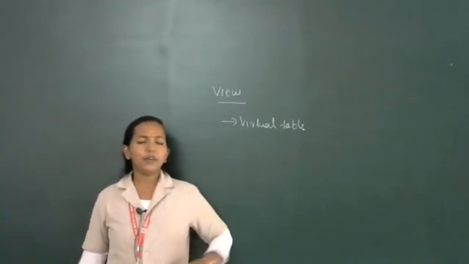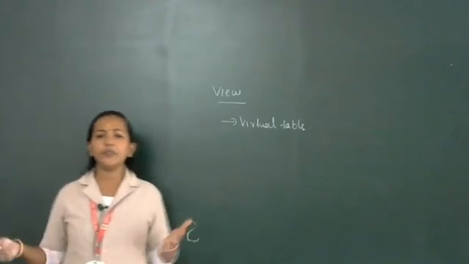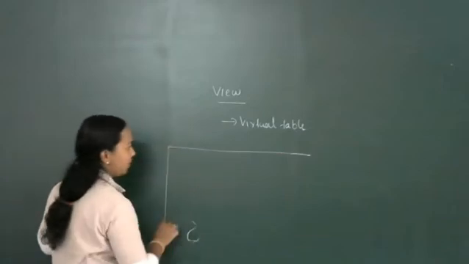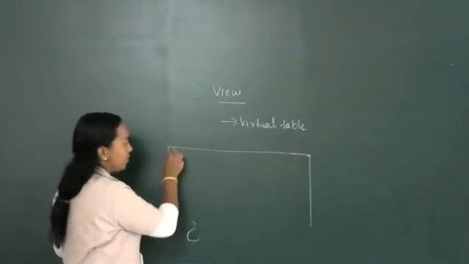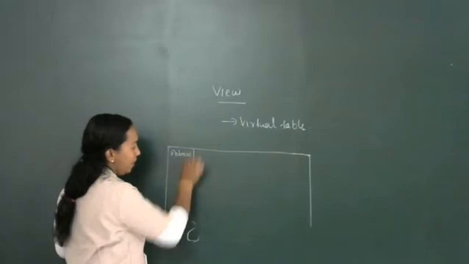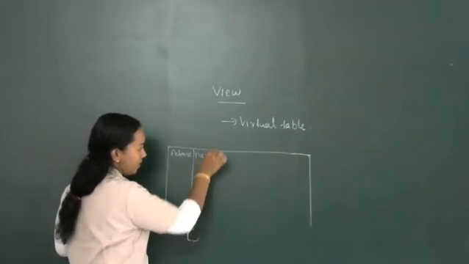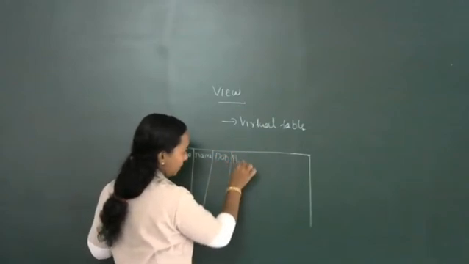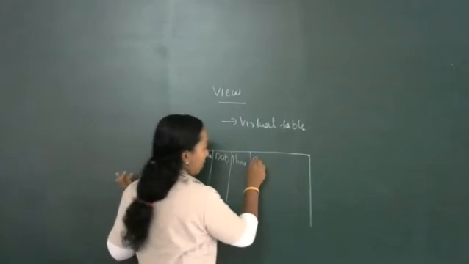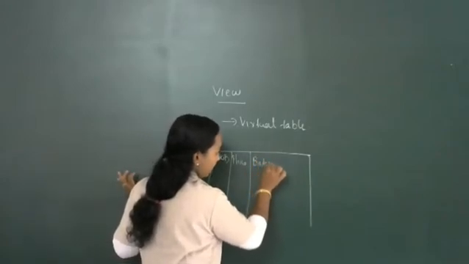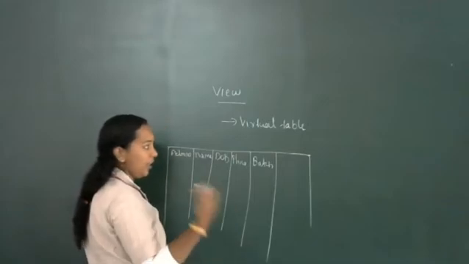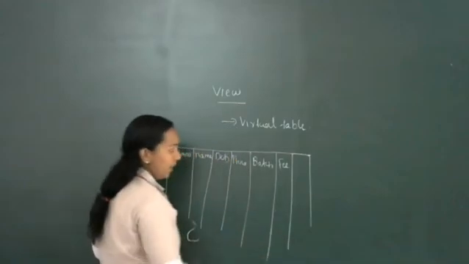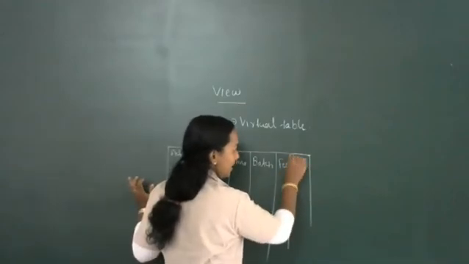If a table contains 10 different columns, for example, a student table for 2020: admission number, name of the student, date of birth, phone number, batch, then the category, fee details, and their textbook, that means second language.